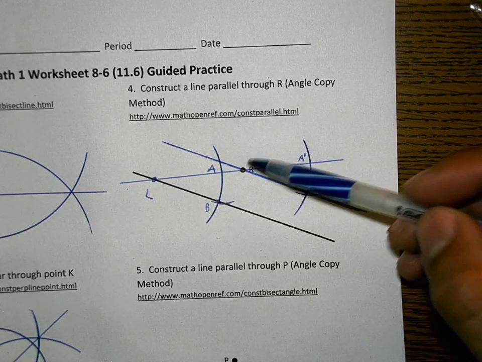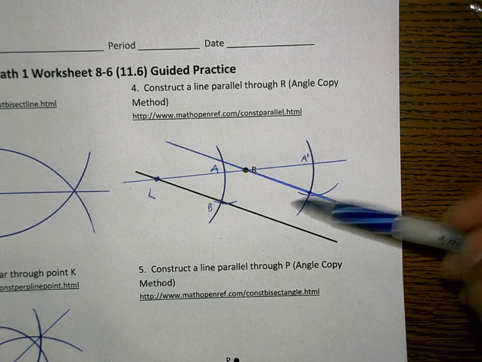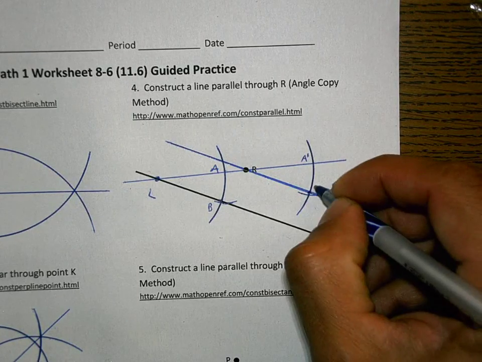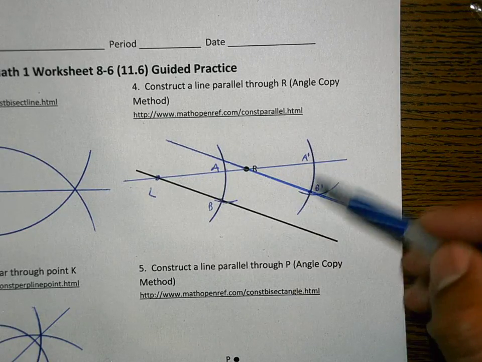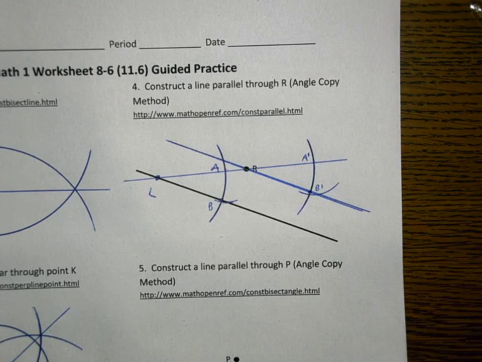You're connecting it from R to that intersection where B prime was. That's the angle copy method.